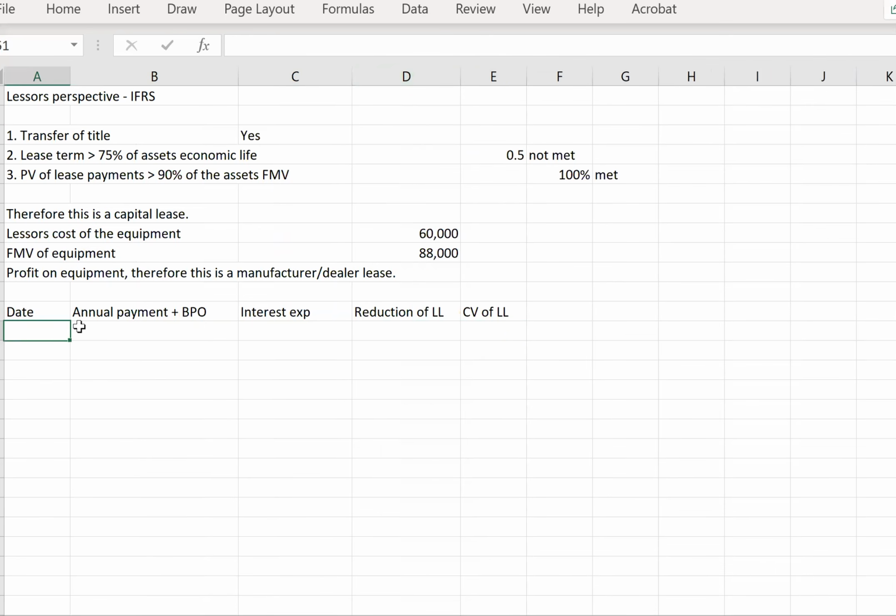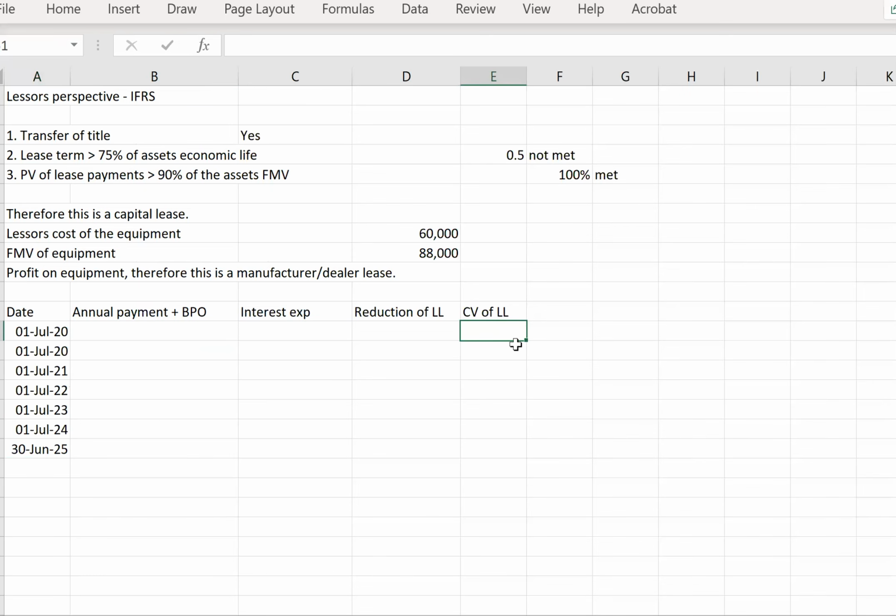Okay, so let's put our dates down here. So the lease was signed July 1st, 2020. And so we're going to put this date down first, as we always do. Then we're going to have July 1st, 2021, July 1st, 2022, July 1st, 2023, July 1st, 2024, July 1st, 2025, or say June 30th, 2025, which is when the lease expires.